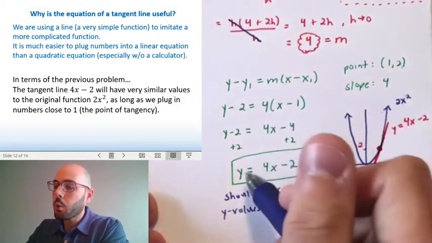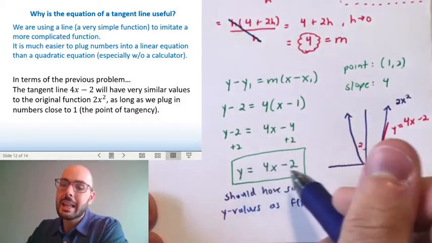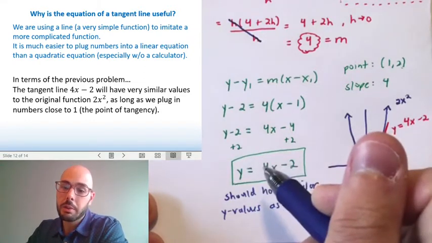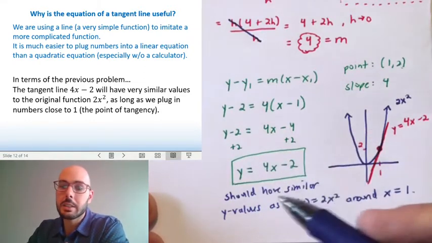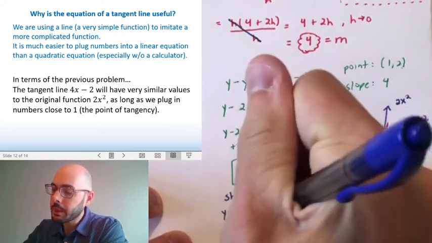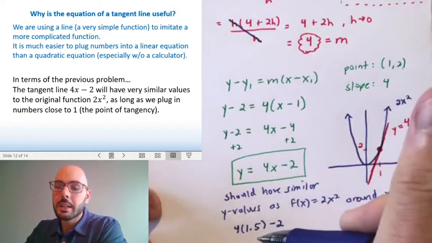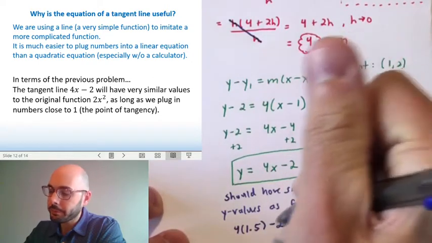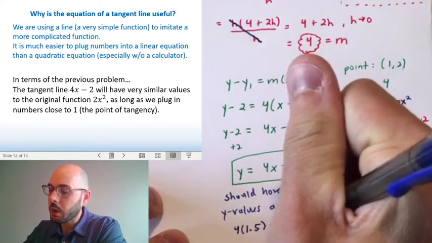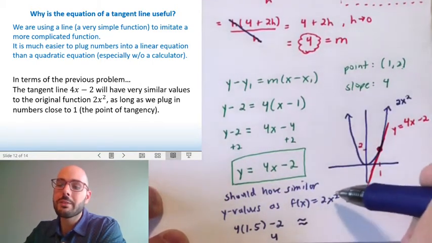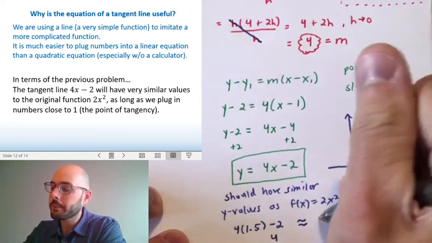So if I plug 1.5 into this line that we just found, which is going to be easier, it's something I can do without a calculator. I can plug in 4 times 1.5. It's going to be 6, but I'm getting a little bit ahead of myself. So 4 times 1.5 is 6 minus 2 is 4. That should have about the same value as if you were to plug 1.5 into your original function.